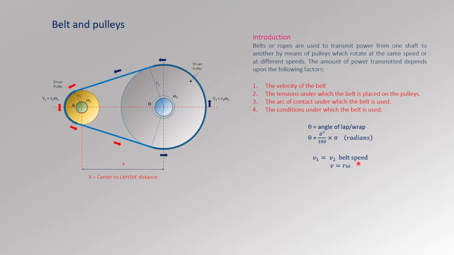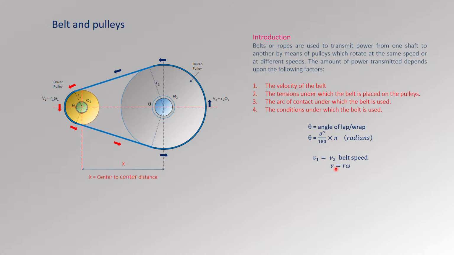Now V1 and V2, that is here, this one, look at my laser pointer, they are the belt speed or the belt velocity, and they are given as r omega. And since there's only one belt that is lapping both pulleys, the belt speed for both will be the same. So V1 and V2 should be the same because of one single belt over both pulleys, where 1 denotes the driver and 2 the driven.